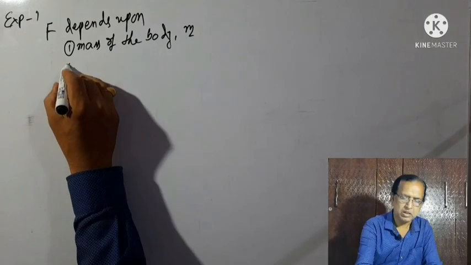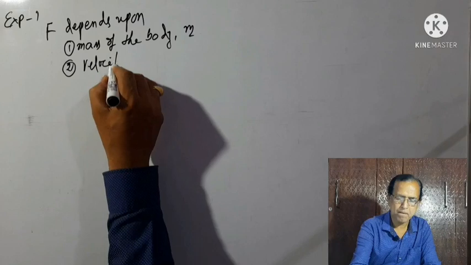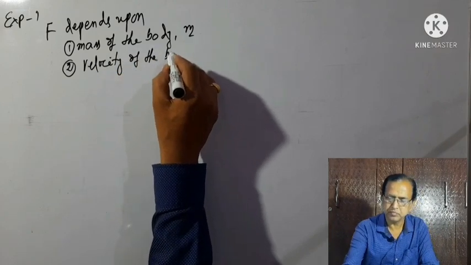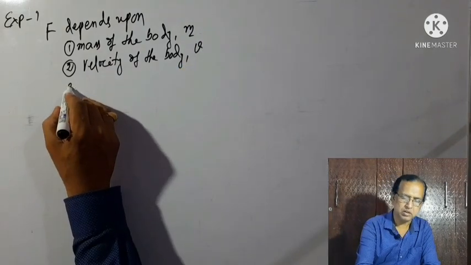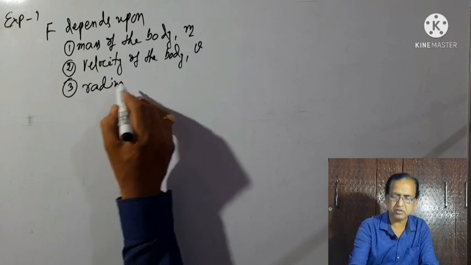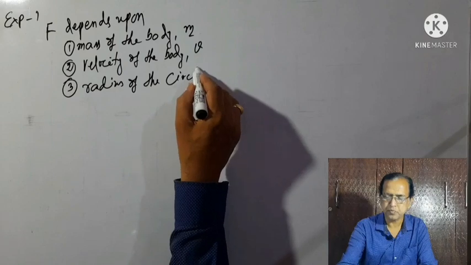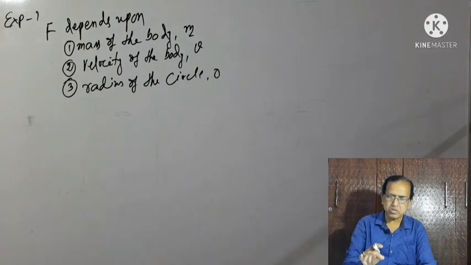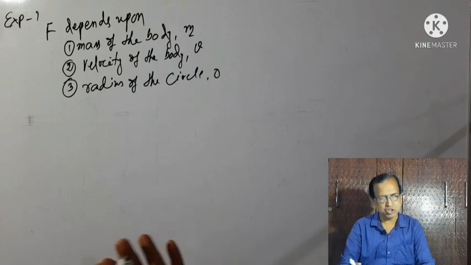Number 2, velocity of the body, that is v. Number 3, radius of the circle, that is r.